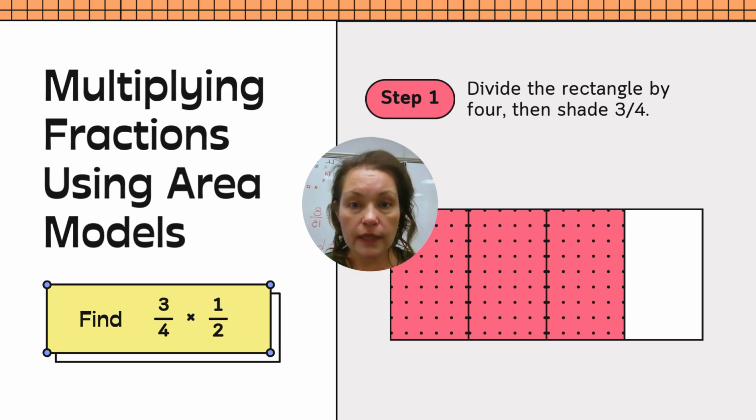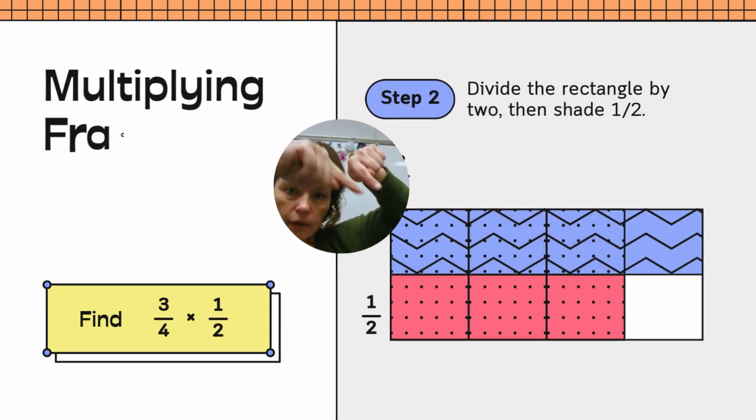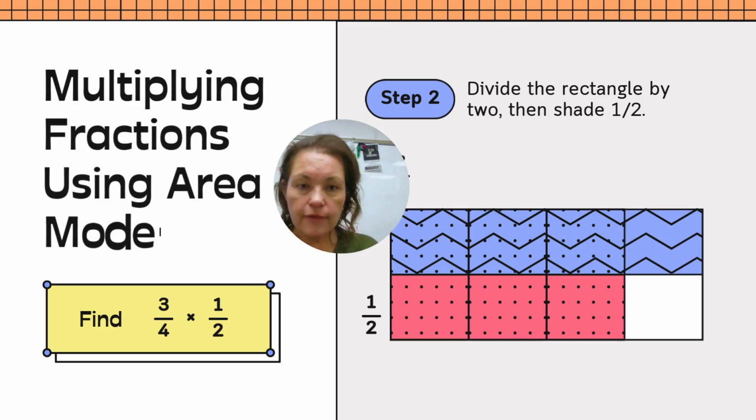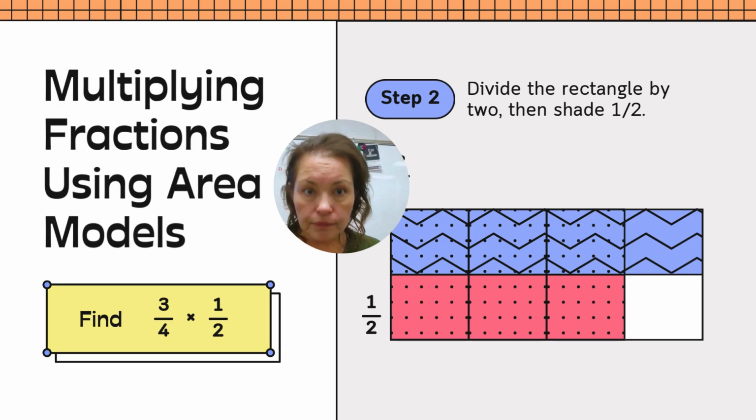So get out your rectangle, divide it by 4, then shade in 3/4. Now looking right there, divide the rectangle by 2. Then shade in a half of that too.